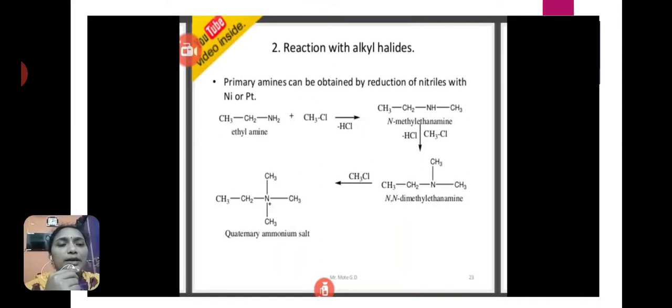Here ethanamine, CH3CH2NH2, reacts with alkyl halides.